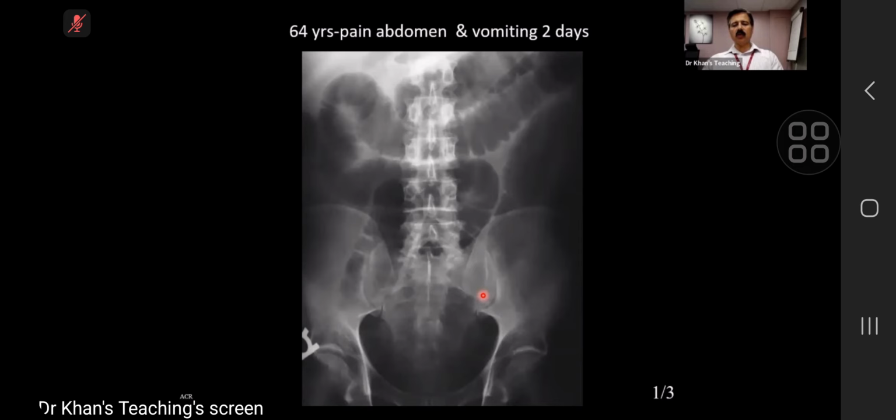Then is haustra versus valvulae conniventes. And these are valvulae conniventes. These are not haustra. So that's the key thing. And they are really dilated. And if you see here, this is small bowel. Actually, there might be something here, but if you see, there is nothing in the rectum. So beware of severely dilated gas-filled small bowel.